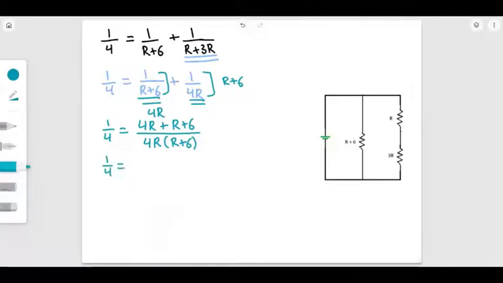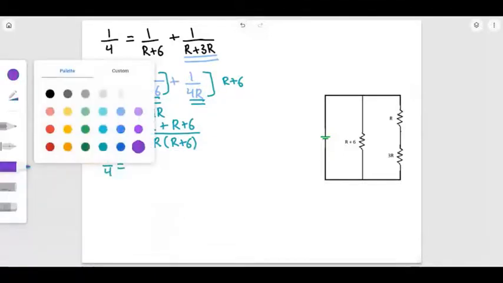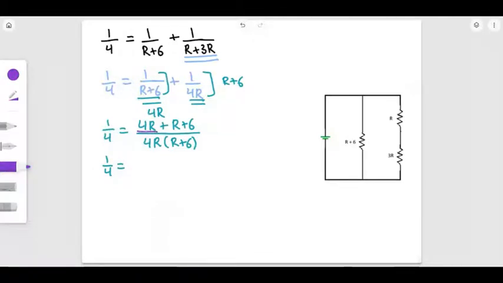Here we're just going to add the common factors, 4R and R, and multiply the denominator. So it's going to be 5R plus 6 over 4R squared plus 24R.